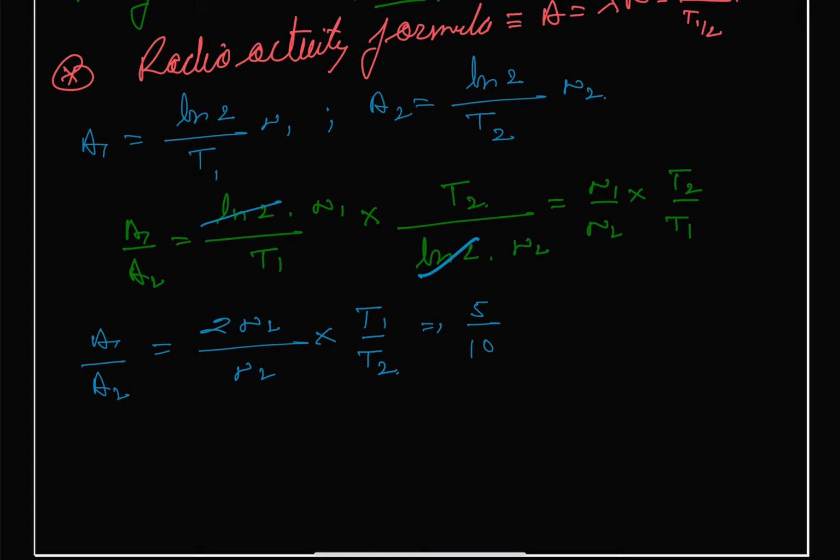Here N2 and N2 cancel out, so this comes as 2 into T2 upon T1, and we can just sort it out.